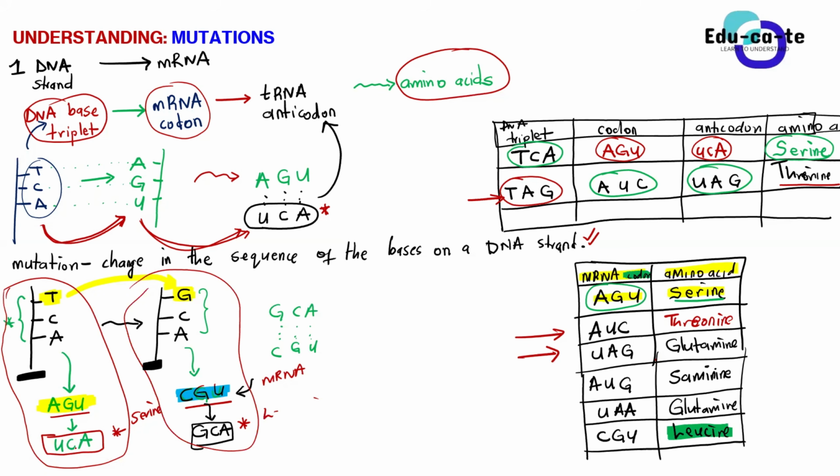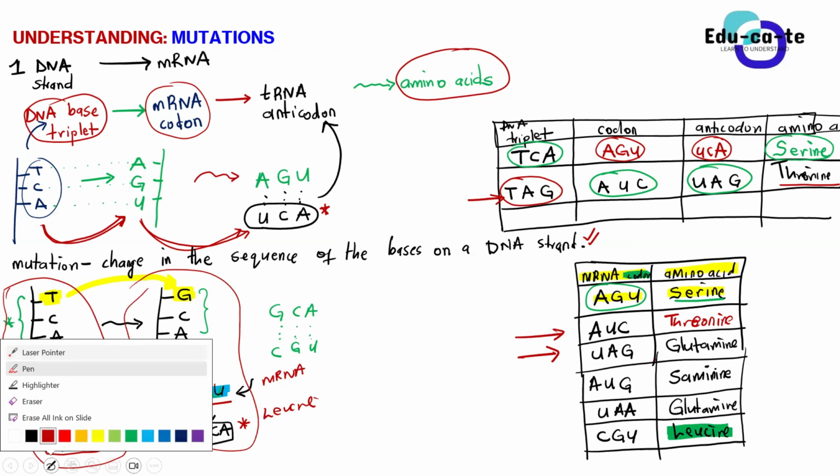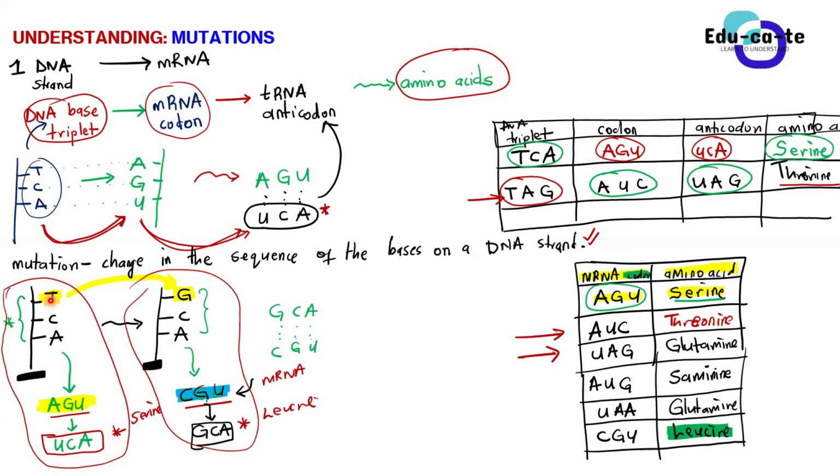Do you guys see that the fact that this thymine in the previous strand has been replaced by guanine has affected the codon, and it has affected the anticodon as well as the amino acid?